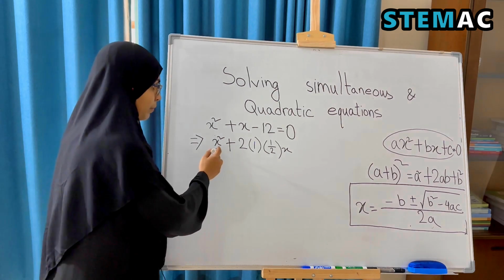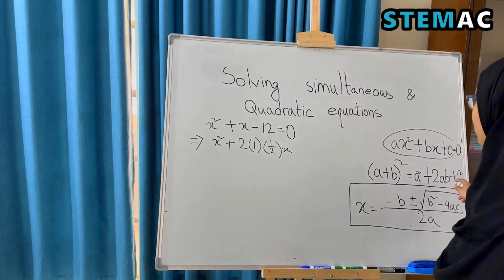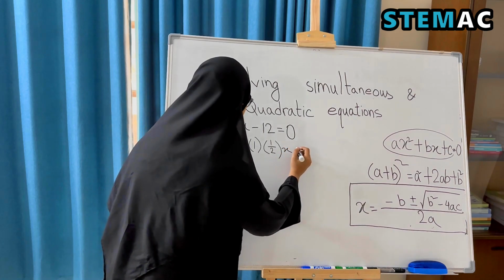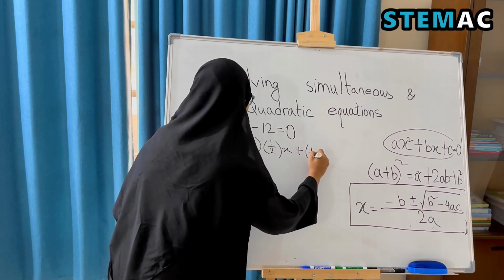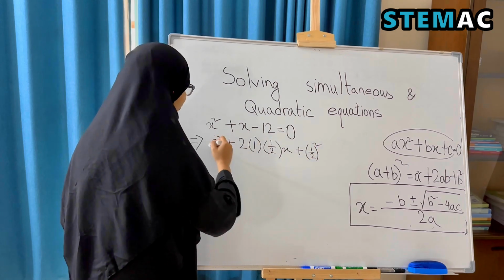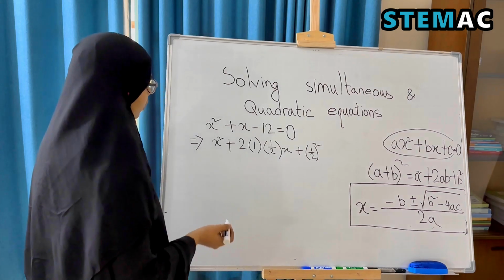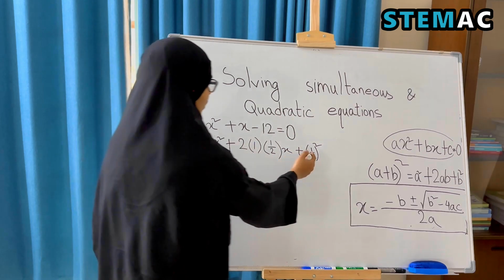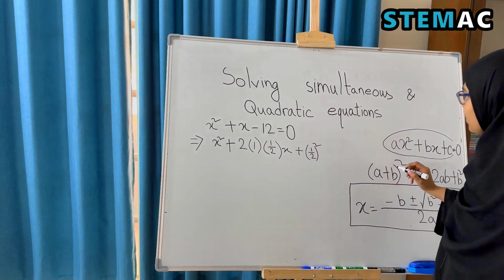So this step is not anything wrong. By writing this step, we are making it into this form: a square plus 2ab plus b square, plus 1 by 2 square. This part of the equation is like this form. So there should be minus 12, but for that we can't write minus 12.